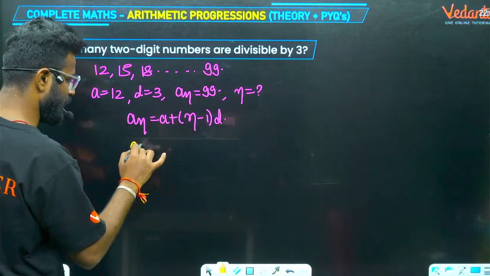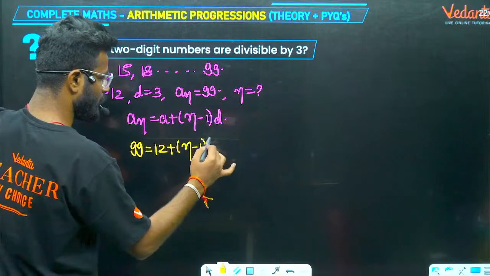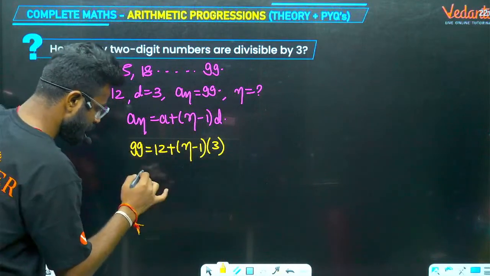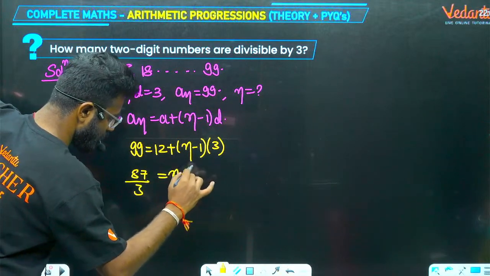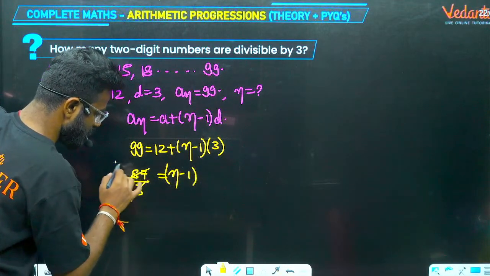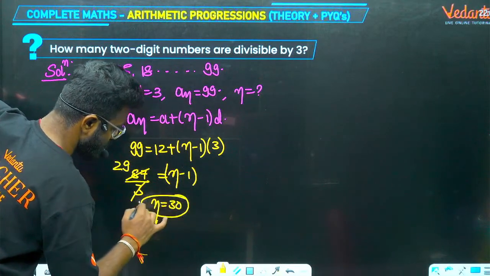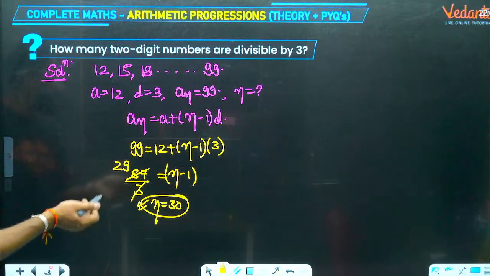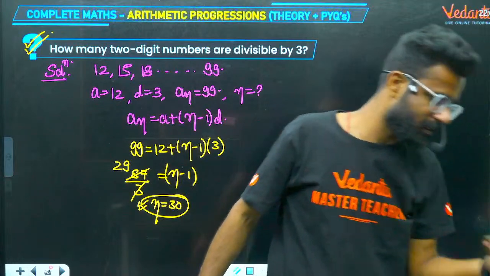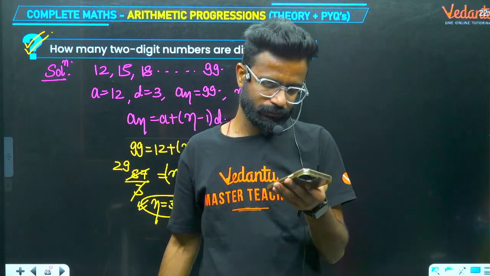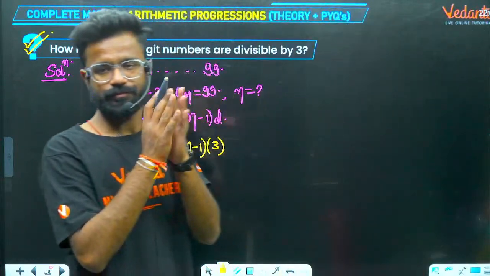An is 99, equal to 12 plus n minus 1 into 3. 87 upon 3 is equal to n minus 1. 3 2s are 6, 3 3s are 9. N is equal to 30. So there are 30 two-digit numbers that are divisible by 3.